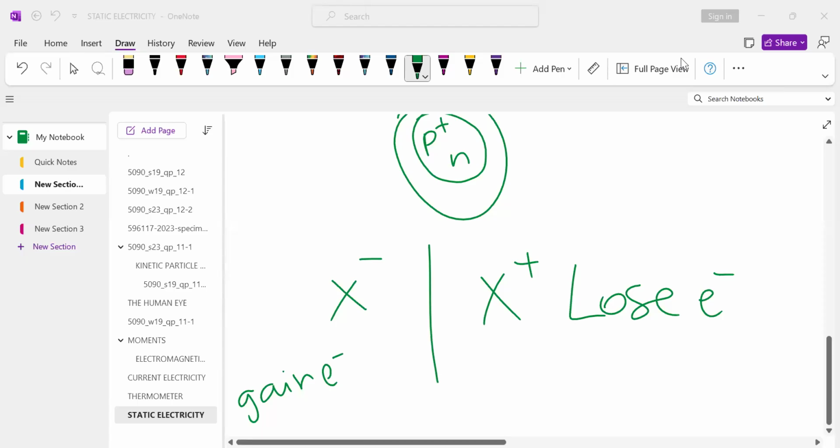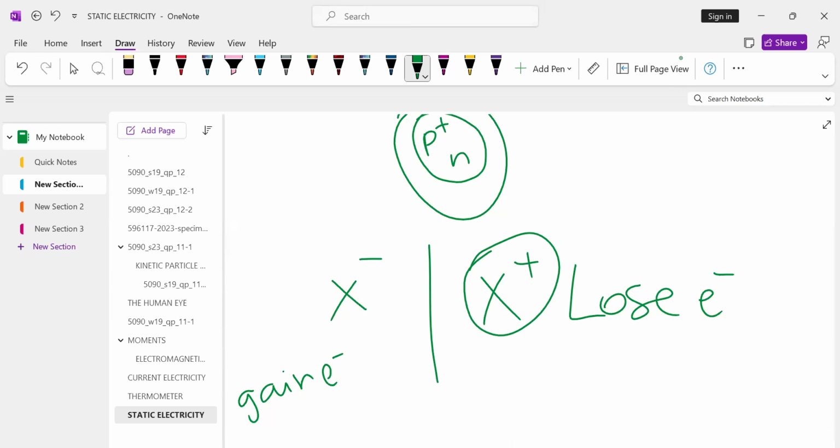The deficiency of electron results in positive charge because, for example, this atom X loses one electron, or you can say loses two electrons. So electrons get less. There is deficiency of electron, so it gets positive charge. However, when this atom X gains electron, it results in a negative charge.